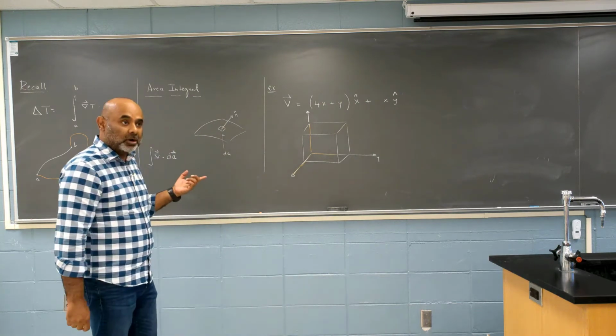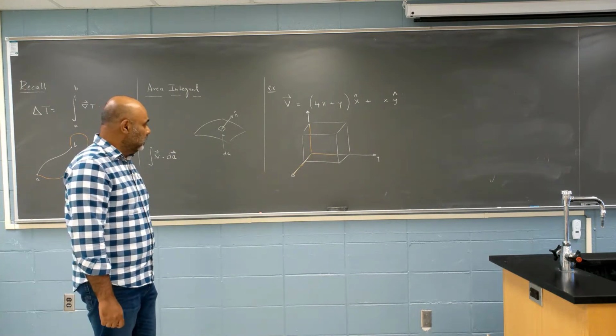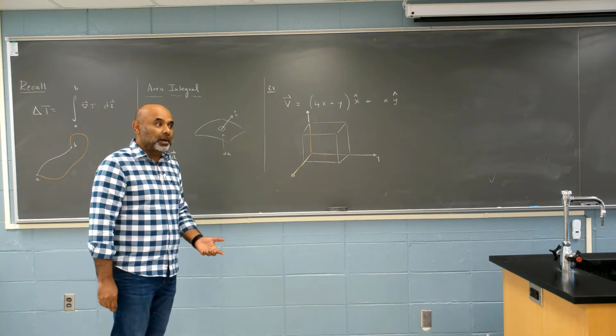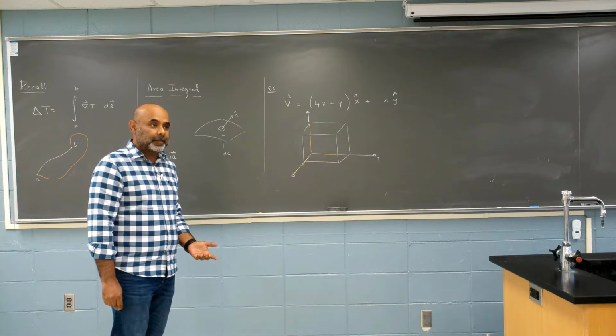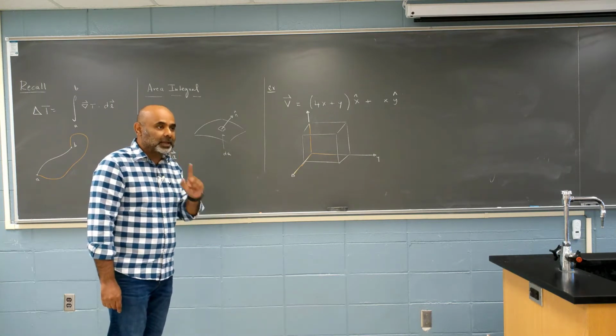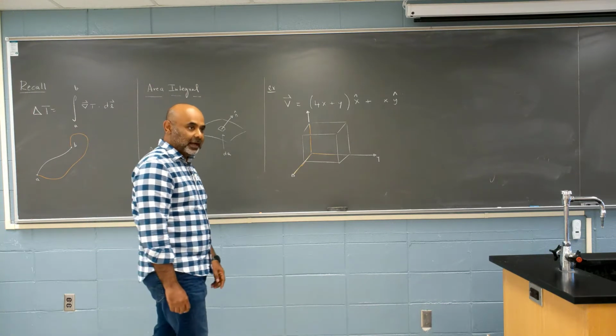How many surfaces are there? 6 of them. And it's a closed surface, so the normal that I'm going to pick is going to be, on each face, the outside. Every face, the outside normal.